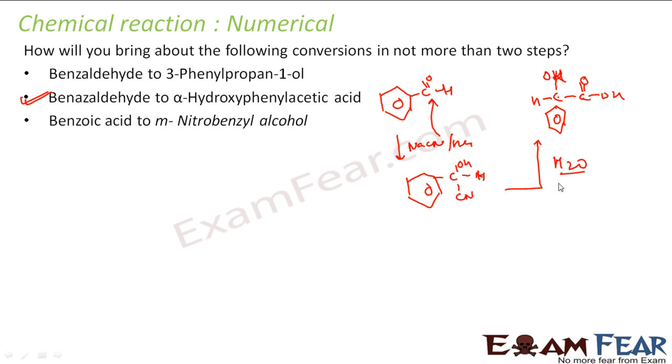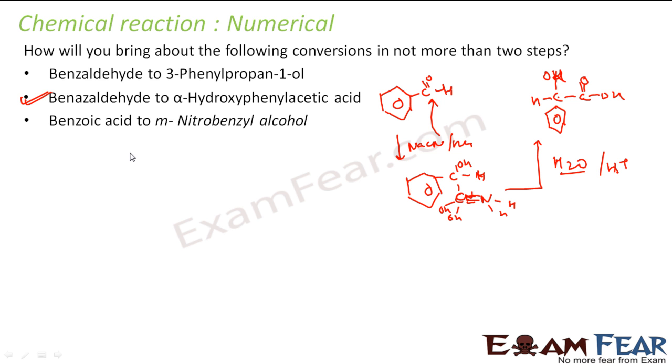Let me add water to it. If I add water to it in presence of H plus, the CN bond, this will get H and this will get OH. Again, this will get H, this will get OH. So NH3 will come out and I'll get COOH. This is a better solution actually. Yeah, this is better.